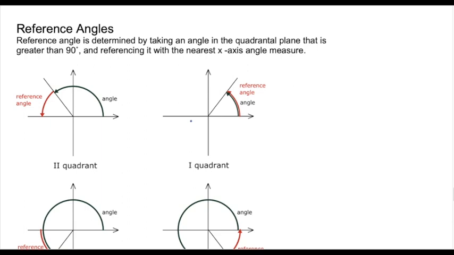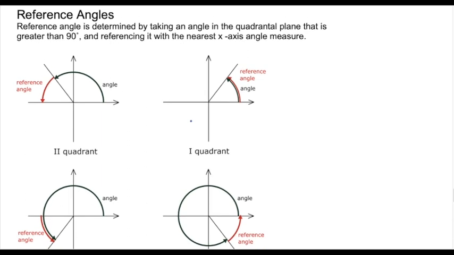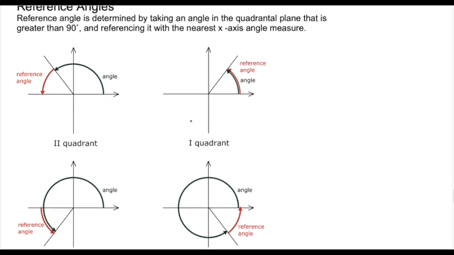What a reference angle is, it is referring to an angle that is always less than 90 degrees, and that angle will always be formed between an x-axis and the angle. So always, always, always. These are your 4 options.